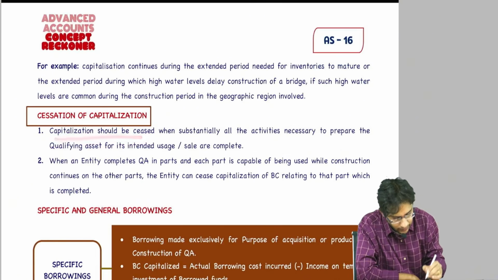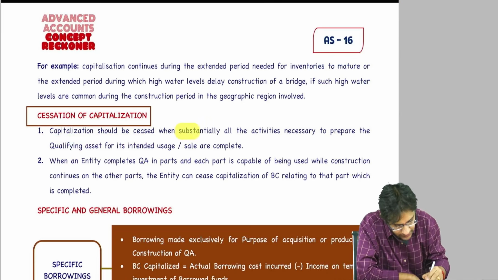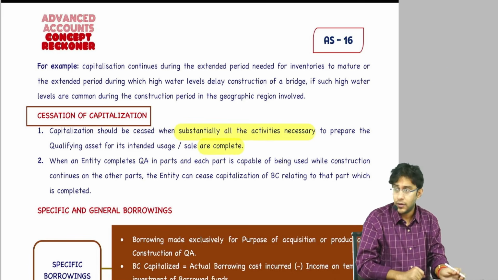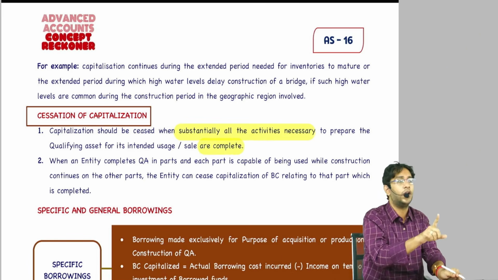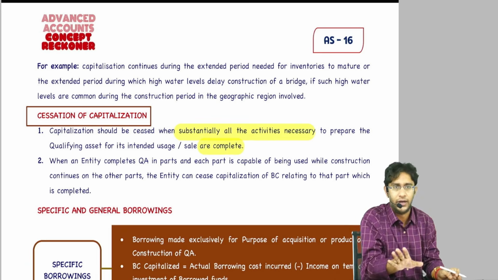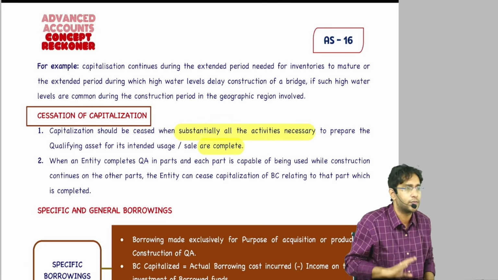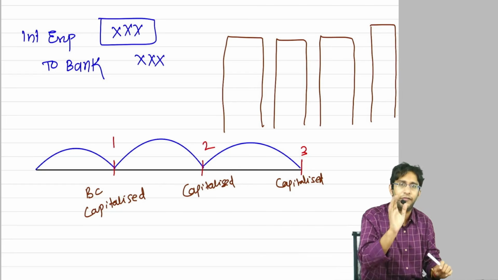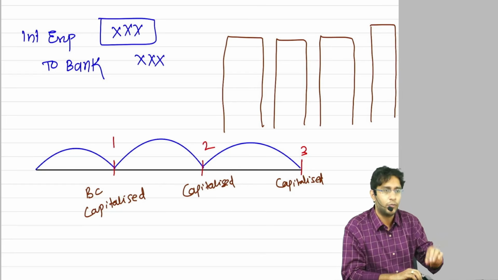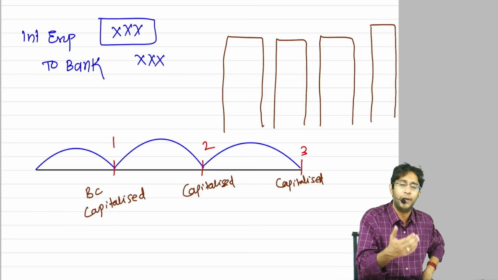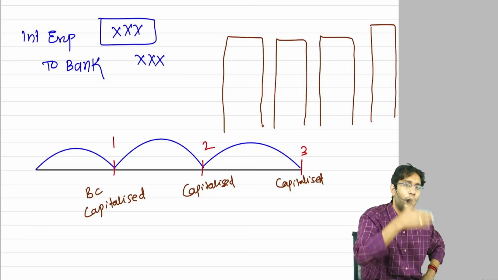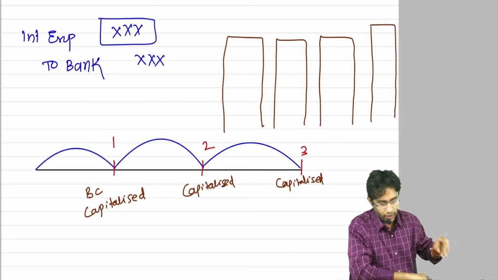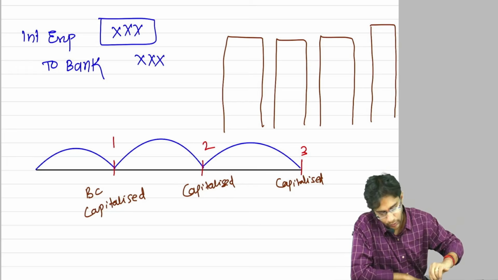Capitalization should cease when substantially all the activities are complete. Not 100%, substantially all. If it is almost completed, that's enough. Stop capitalization. If I don't put that word substantially, that fellow will never finish it technically. He'll keep some of the other work pending, escape the interest cost from the P&L account, and keep on adding to inventory. A risk is there. Are you understanding, sir? So this is one small point which I wanted to cover.